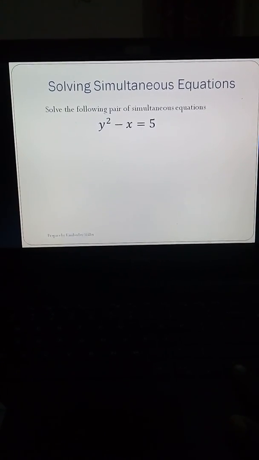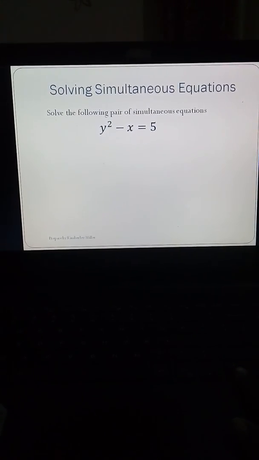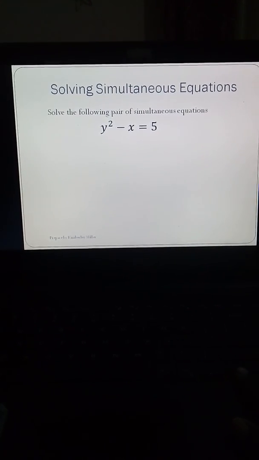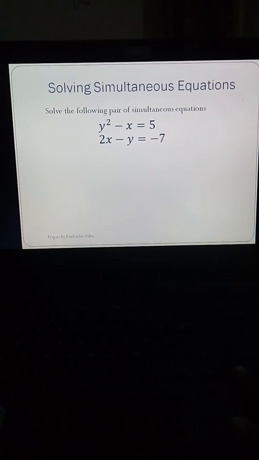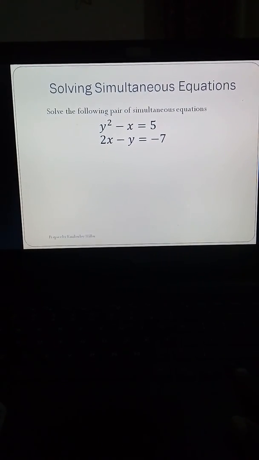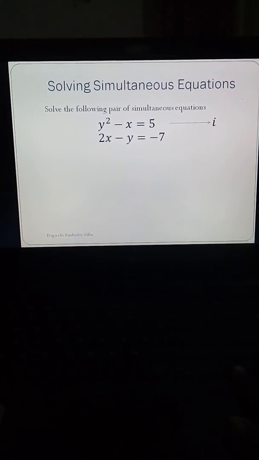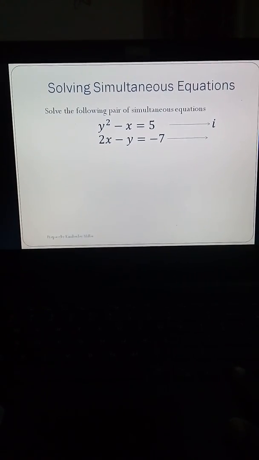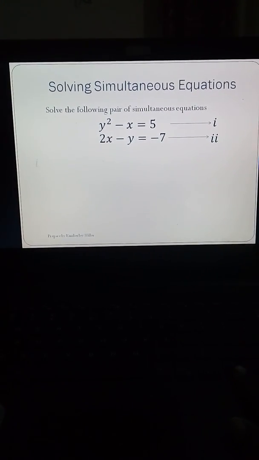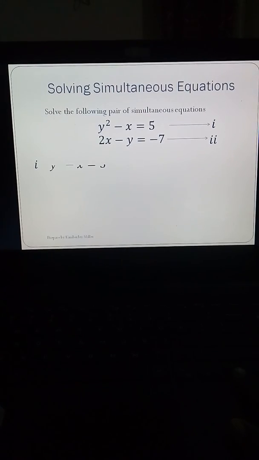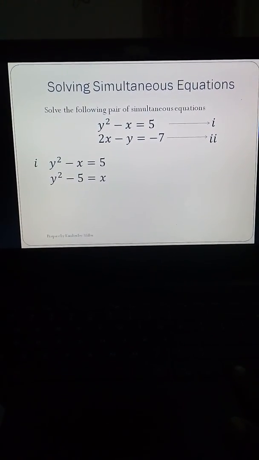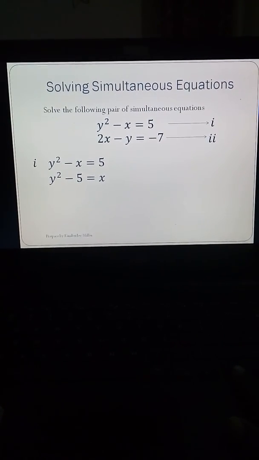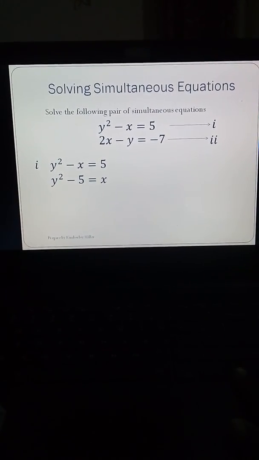Looking at another example, y squared is equal to x plus 5, and 2x minus y is equal to negative 7. Identify equation 1, identify equation 2. Looking at equation 1, we can make x the subject of the formula, and then we are going to substitute x in equation 2.